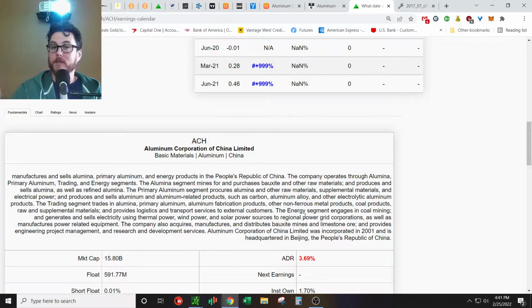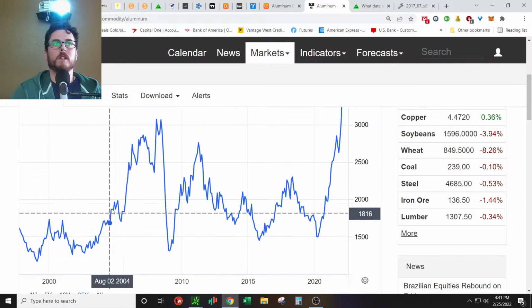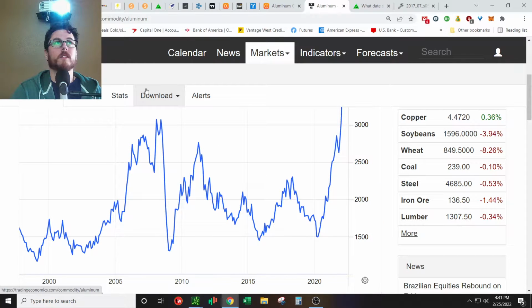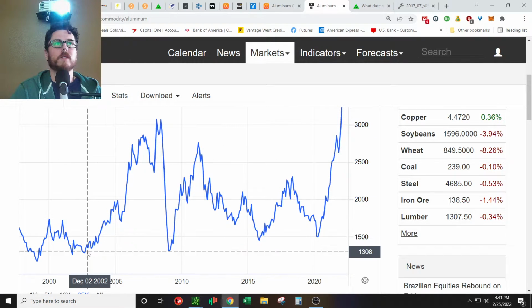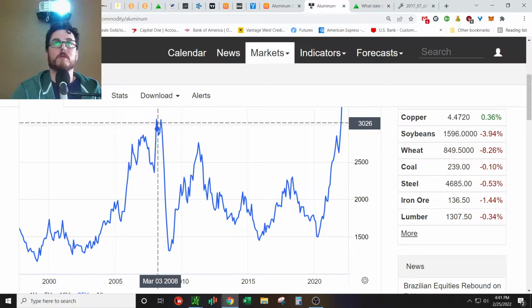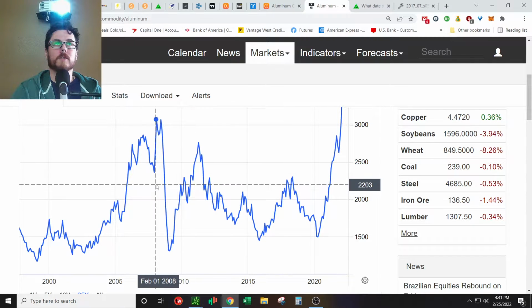We're going to be going back to 2006. Now, in 2006, there was a boom in aluminum prices. As you can see from this Trading Economics website, aluminum prices went from a low in 2002, about 1,200, up to a high of almost 3,000, at which point the housing crisis hit and aluminum prices tanked into early 2009.